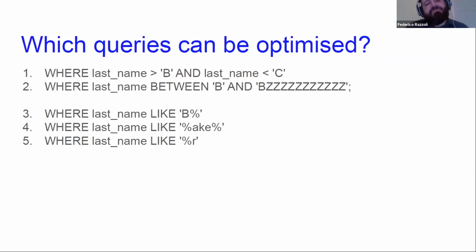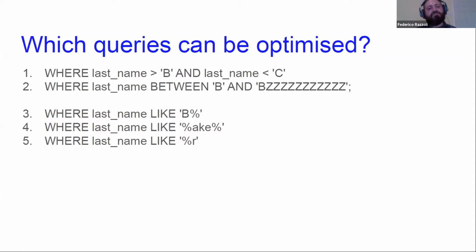I believe that it is intuitive why the first 2 queries can use an index, because basically they check an interval. They check all the last names that are between B and C. It is written in two different ways, but they are the same thing. If you look at the third query, it is actually the same.